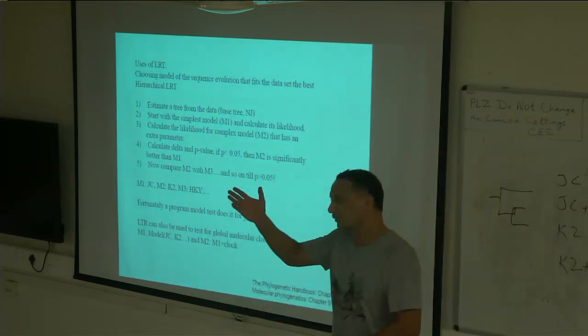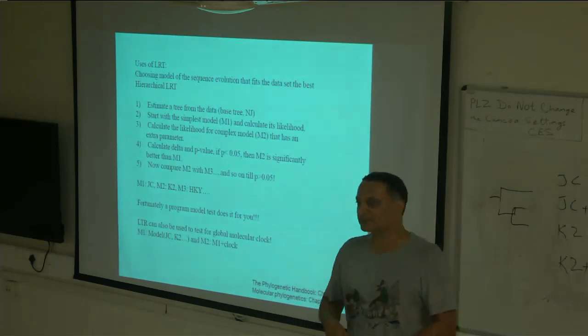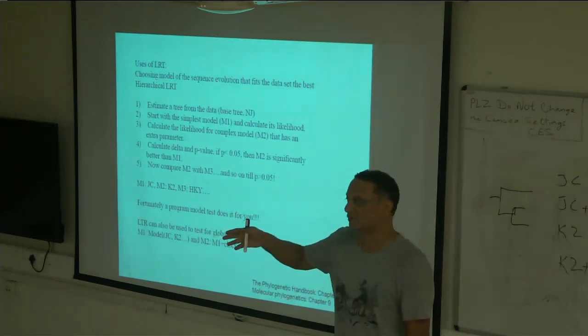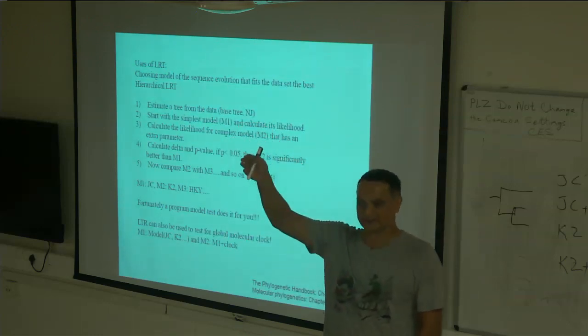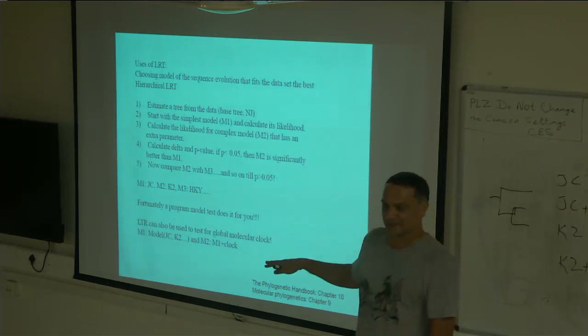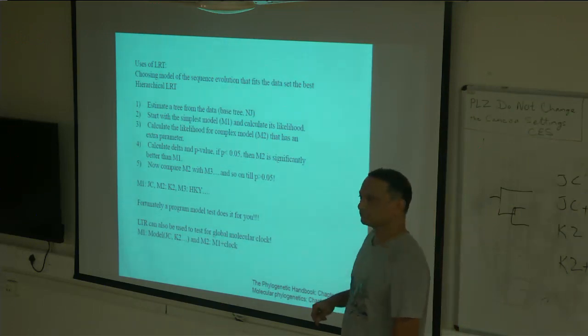You rank by the likelihood score and the number of parameters. Based on that, you calculate the BIC or the AIC score, and you pick the model with the best score. So that's how model selection is done nowadays, right? Model picking also requires a tree.